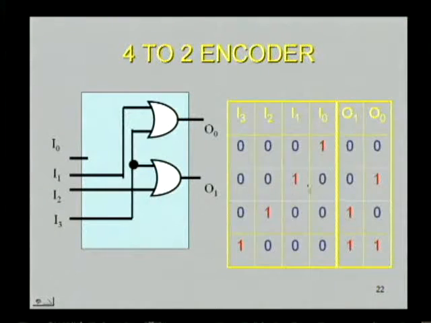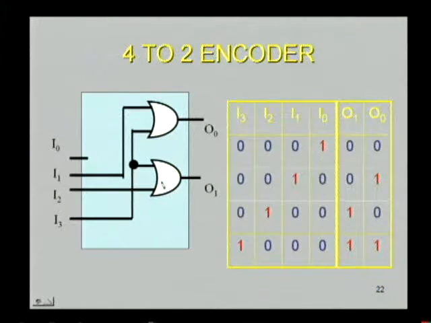Now we see the second entry of the truth table, where the inputs are I3 is 0, I2 is 0, I1 is 1 and I0 is 0. That is, I am making I1 high, all other inputs are zeros. Now here you can see, since the first OR gate input is now high, its output is high, that is O0 is 1.